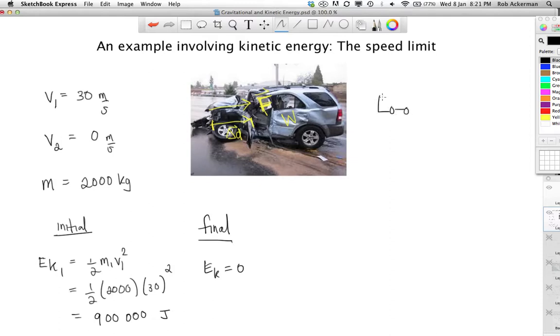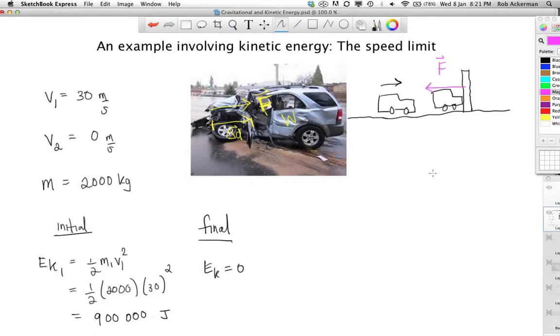Driving along in the car, and obviously this car hit something. I don't know if it hit a pole or a wall or another car, but obviously it hit something. Let's imagine that the car hit a pole, a utility pole. So the car was moving this way in the beginning. Why did it stop? Because when it got to here and made contact with the pole, the pole exerted a force in this direction.